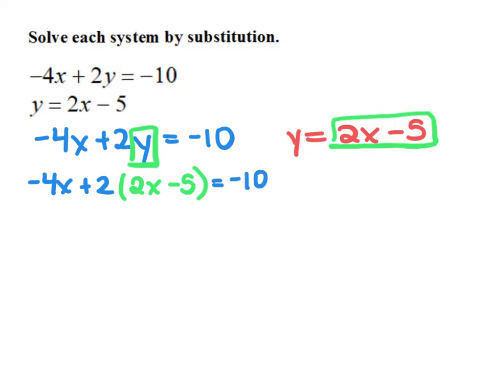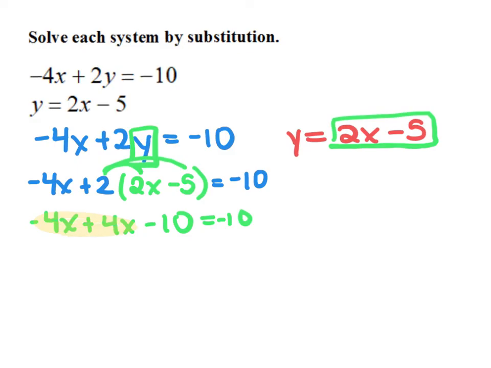Now if I solve this, I'm going to start by distributing. So the negative 4x will stay the same. 2 times 2x becomes 4x. And 2 times negative 5 becomes minus 10 equals negative 10. Now I can combine my like terms on the left here.